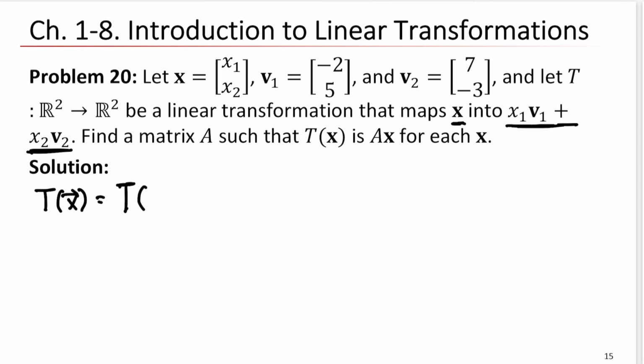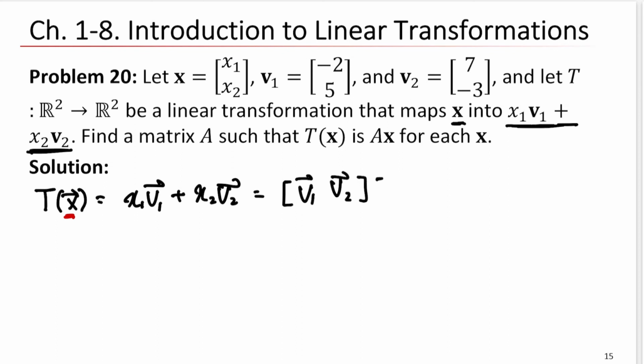Then the transformation T(x) maps this original x to x1 V1 plus x2 V2, something like that, right? So we can represent this with x1 and x2, right?